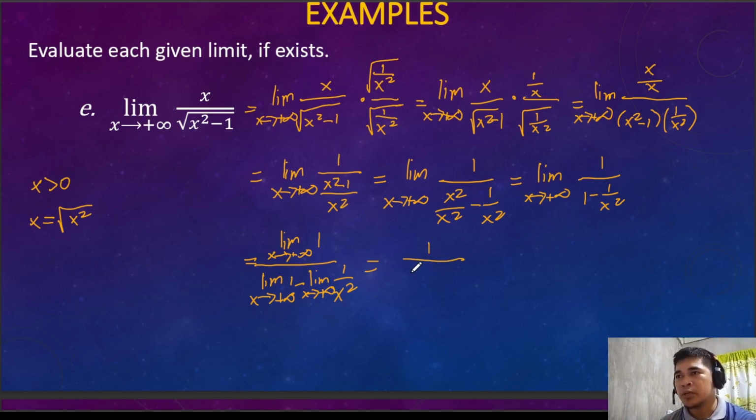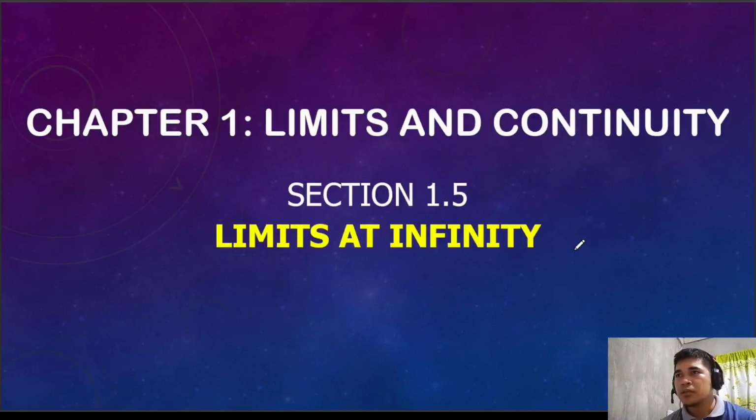And also here we have 1. And the limit of 1 over x squared as x approaches positive infinity is 0. So we get 1 over 1 equals 1. So the limit of x over square root of x squared minus 1 as x approaches positive infinity is 1. So that's it for our topic, limits at infinity.